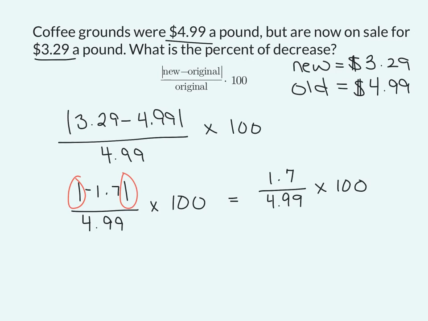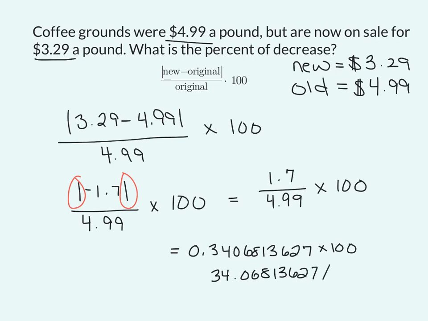Now we'll divide 1.7 by 4.99. When you do that operation on your calculator, you should get 0.34068133627. Next, we'll multiply that by 100, and we get 34.068133627%.